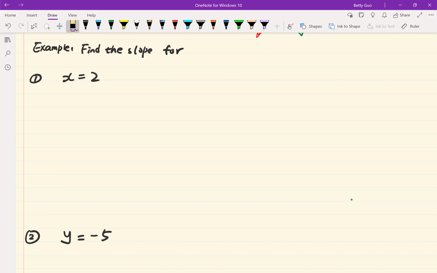Vertical or horizontal? Vertical, yeah, exactly. X equals 2 is a vertical straight line. You must remember in a linear equation in two variables, if the equation has no y, in other words, the coefficient of y is 0, then the equation represents a vertical straight line.